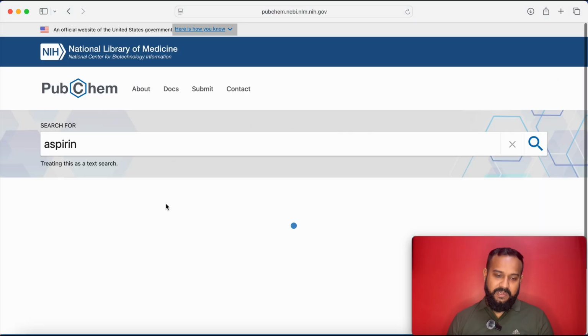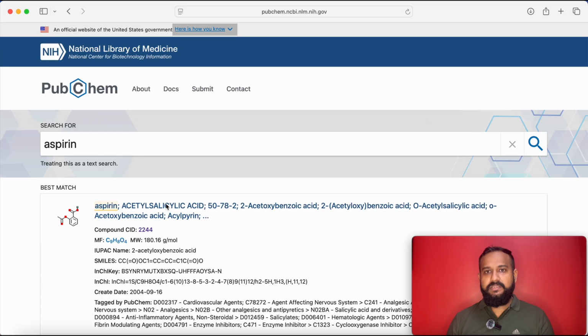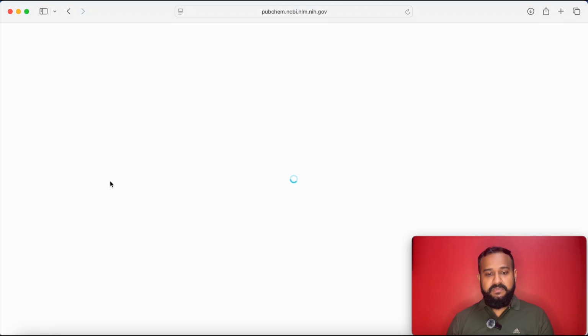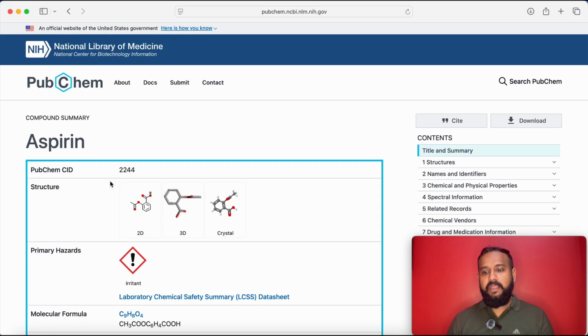Aspirin, as you know, is used as an analgesic as well as a blood thinner, and it has multiple use cases. I'm just telling you that it has a toxicity profile, mostly not very high toxicity, but it has a liver injury profile.